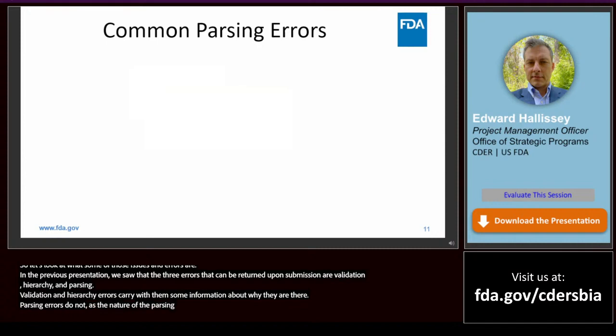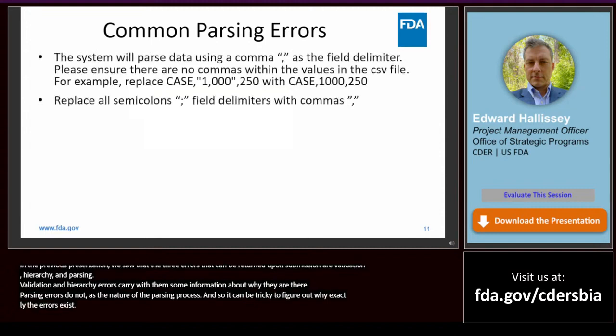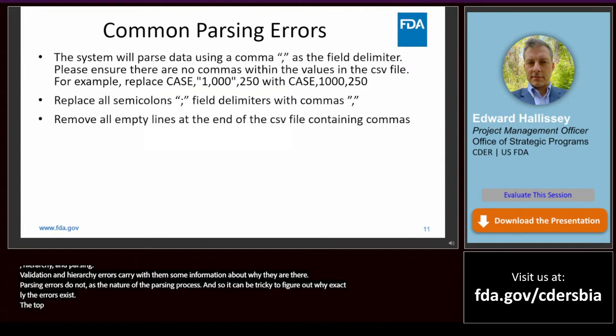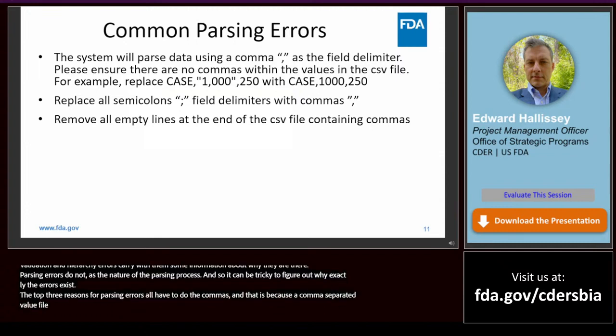And so it can be tricky to figure out why exactly the errors exist. The top 3 reasons for parsing errors all have to do with commas. And that is because a comma separated value file is looking specifically for commas to understand what comes next and the information that should be there.